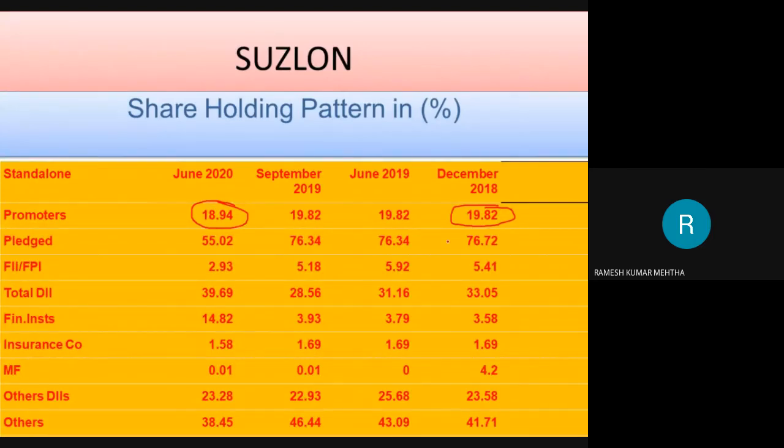On top of it, out of this 19%, the pledge is 76%. And the holding of FIIs has fallen down from 5% to 3%. So this is very important. They don't have confidence in this company. That's the reason the stake is only 19%.